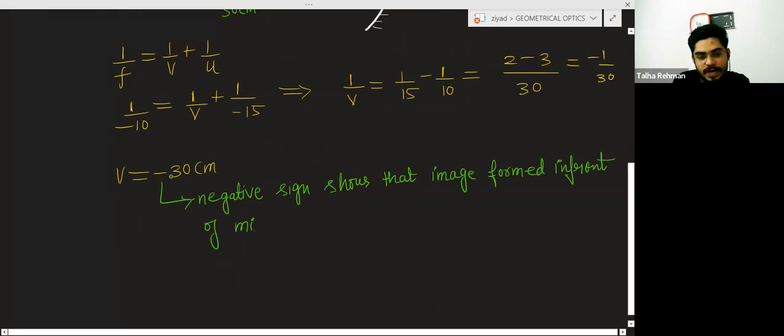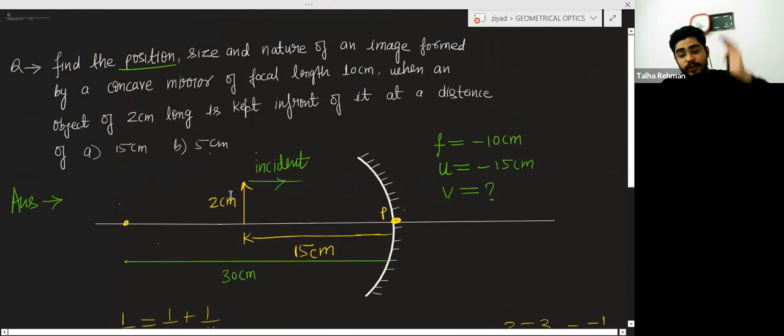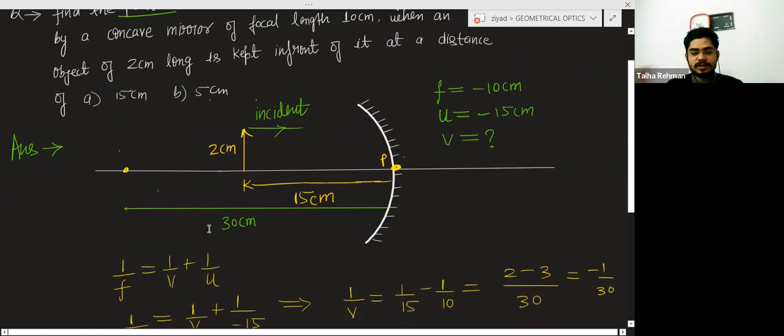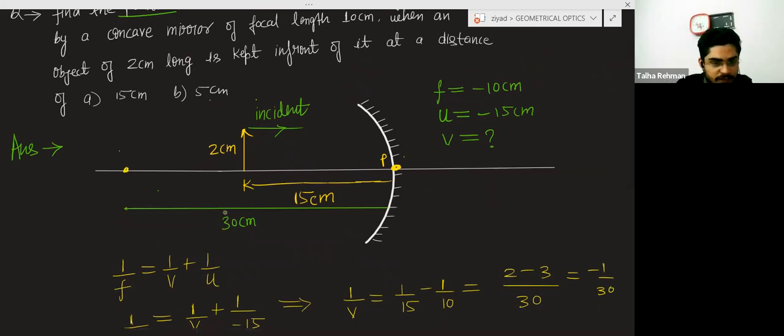Why am I saying the image is formed in front of the mirror? Because the object is placed in front of the mirror, and if you are going in this direction, this is the direction of the incident light. So if the image forms in front of the mirror, for measuring that distance you have to move from the pole in this direction, and that direction will be the negative direction. So this 30 centimeter will be minus 30 in terms of the sign convention, and this is the image.